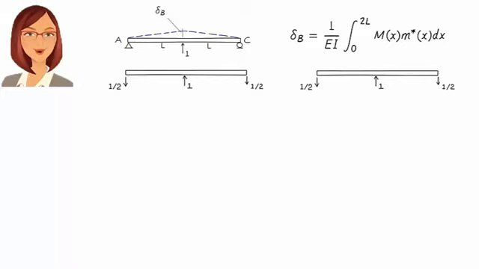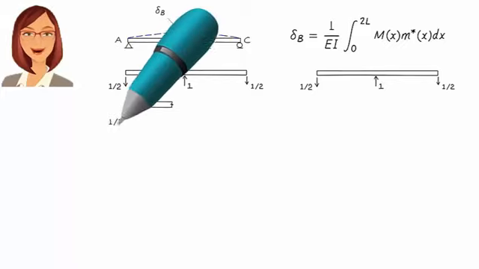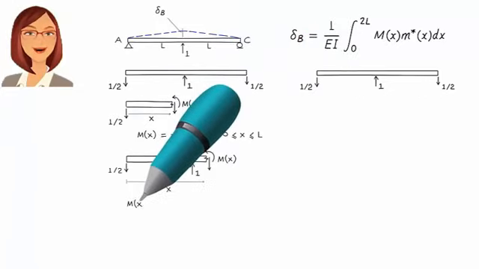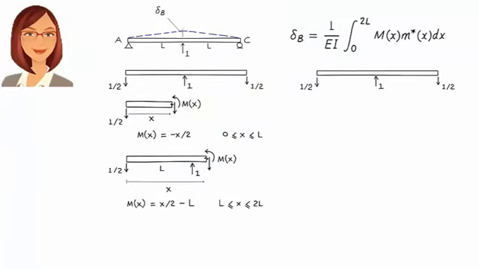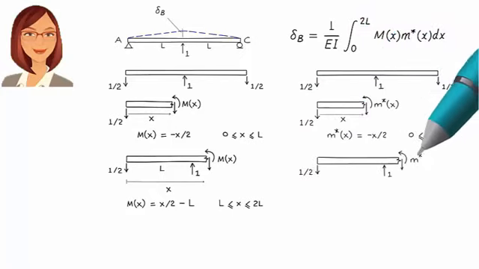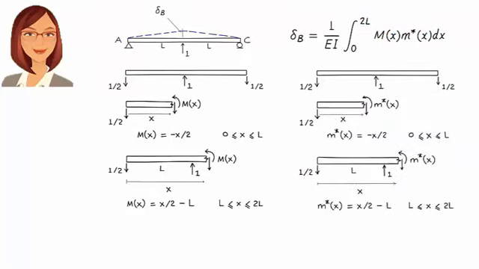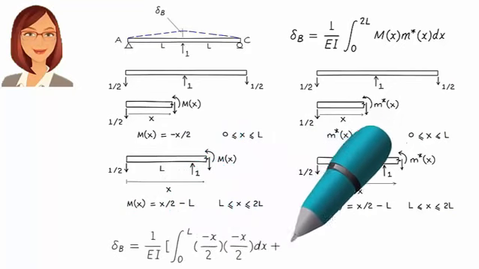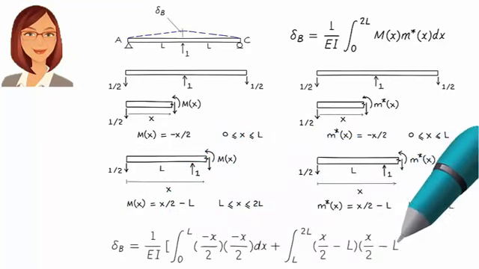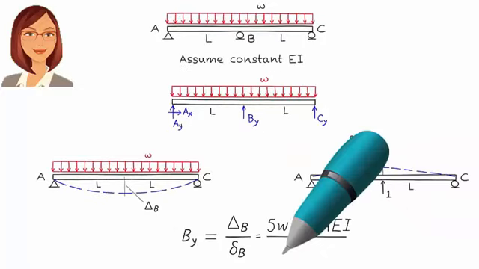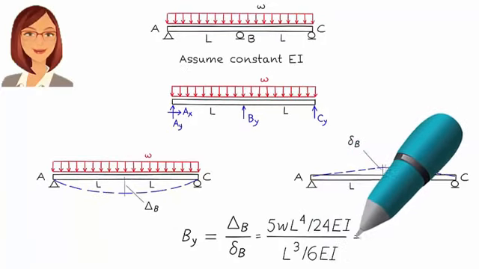Needless to say, we are going to have two identical moment equations in this case, since the real and virtual loads are the same. Solving for delta BB, we get the result, and now we can determine By.